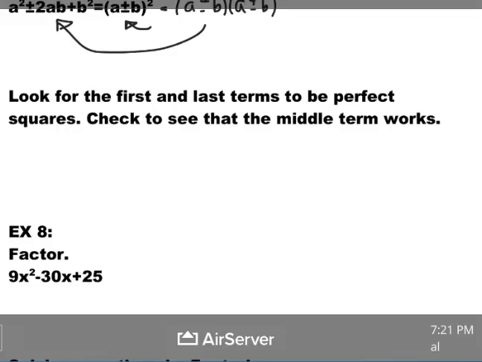Now this means that if you have a trinomial, this is how you can figure out if you can use the perfect square trinomial. Take the square root of the first term, take the square root of the third term, and see if the product of the two square roots times 2 is going to be the middle number, either plus or minus. Then you know you can use the perfect square trinomial.